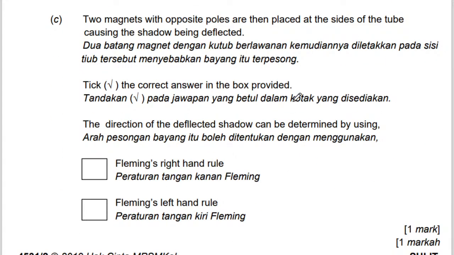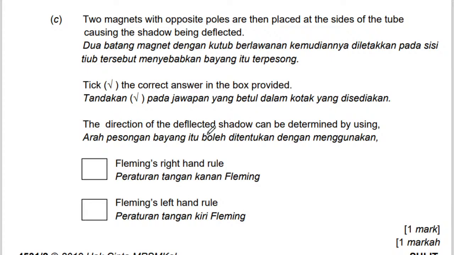This one, part C. Two magnets with opposite poles are placed at the side of the tube, causing the shadow to be deflected. Then tick the correct answer in the box provided.